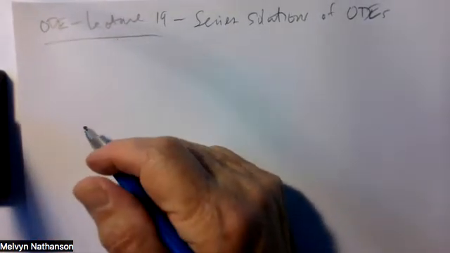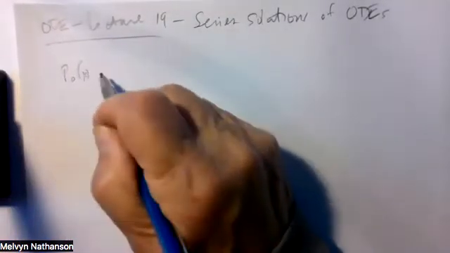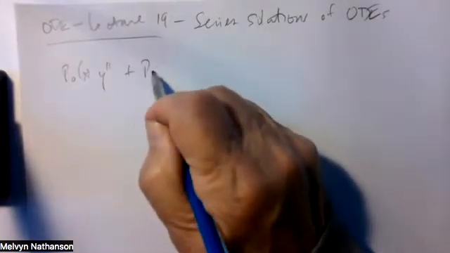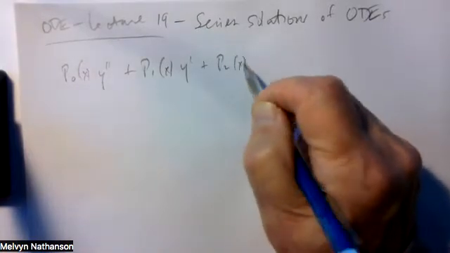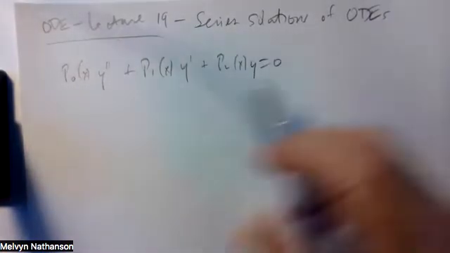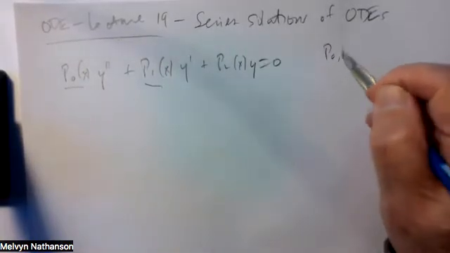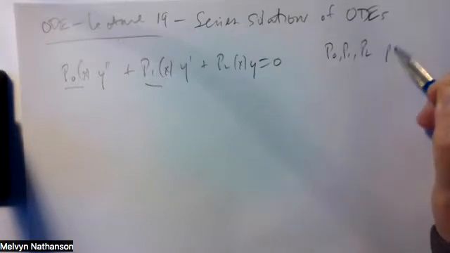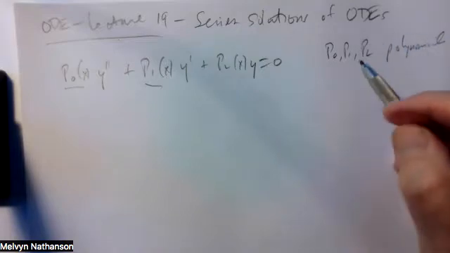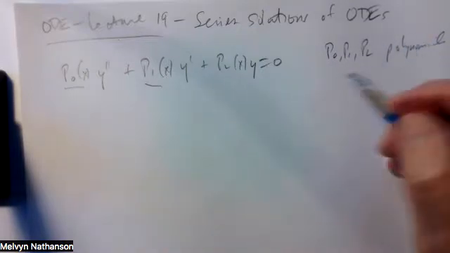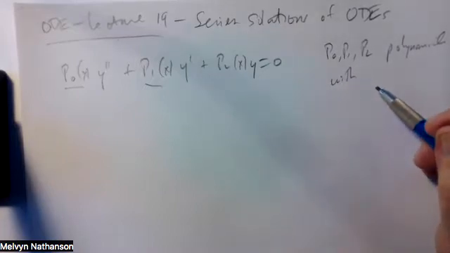We have a second order homogeneous linear differential equation, P0 of x y double prime plus P1 of x y prime plus P2 of x y equals 0, where these functions, P0, P1, and P2, are polynomials. No trig functions or logs or exponentials. And if they're polynomials, if they have a common factor, we can divide out by it. So they're polynomials with no common factor.